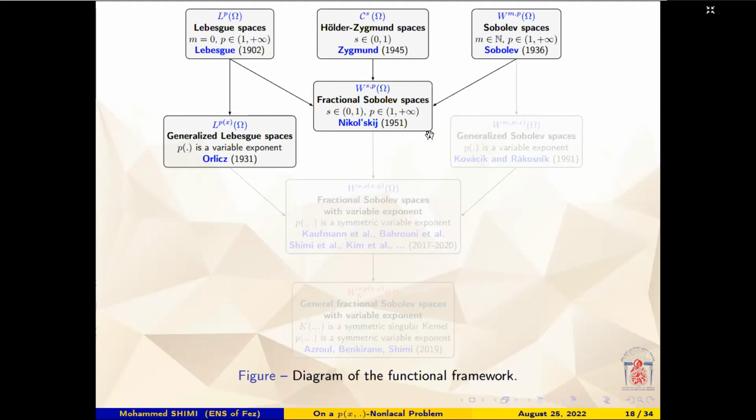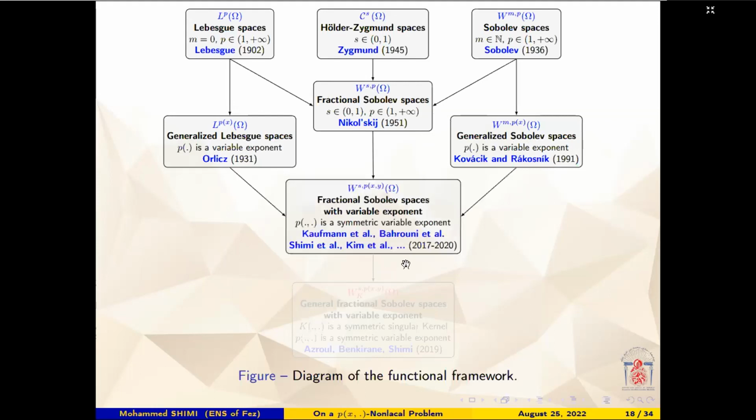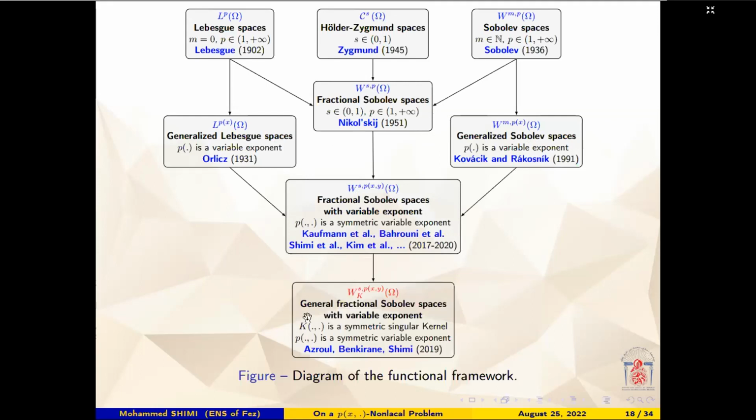Lebesgue space and Sobolev space were extended to the general case with variable exponent. So if we follow the same approach, we can introduce the fractional Sobolev space with variable exponent and its general case with a symmetric singular kernel.